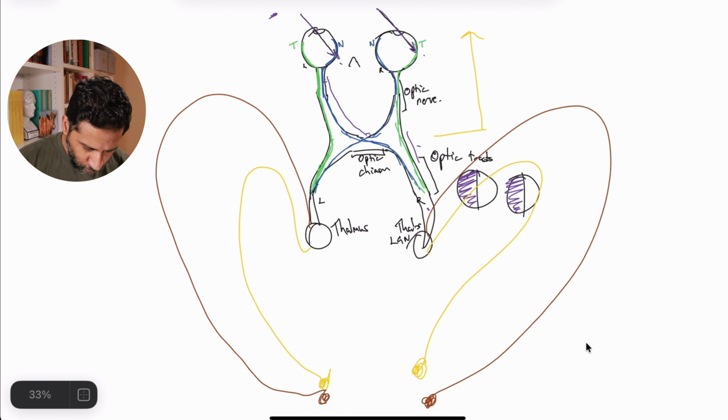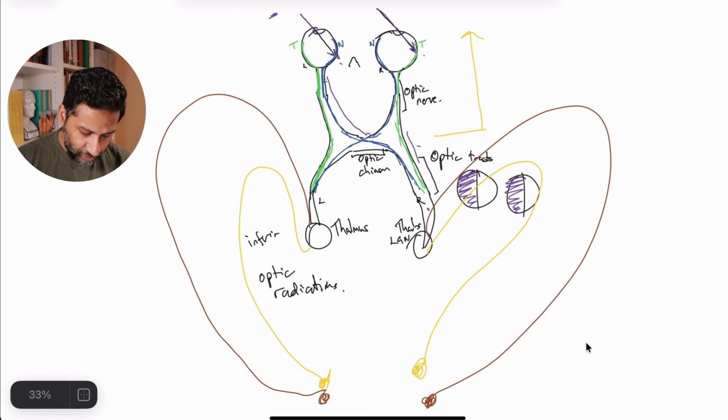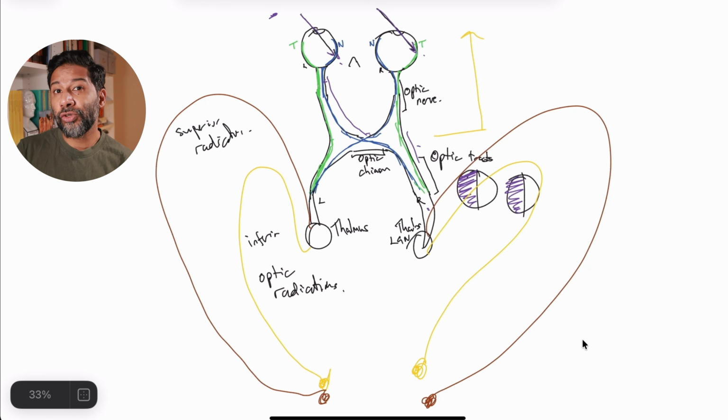These are called your optic radiations. There is an inferior radiation and there is a superior radiation. From the lateral geniculate nucleus, or from the thalamus, the fibers fan out into the optic radiations. And here they split into two distinct pathways. The inferior fibers carrying information from the upper visual field sweep forward and down through the temporal lobe in something called Meyer's loop.